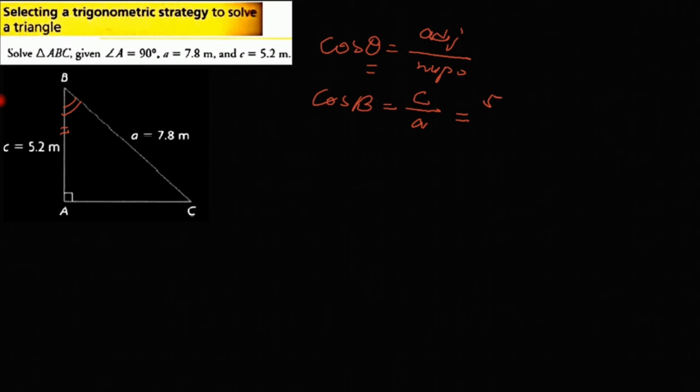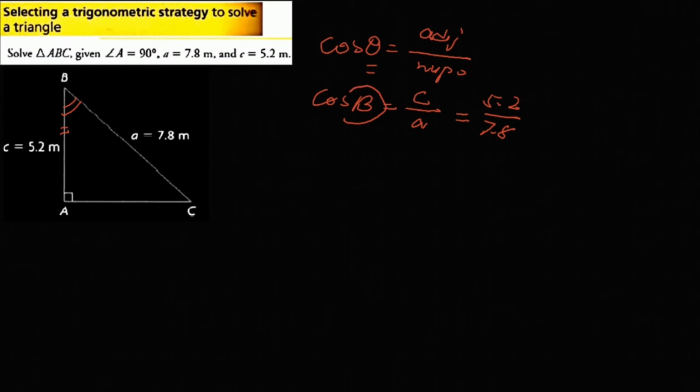We start from angle B. This is adjacent to angle B, and this is the hypotenuse. Cosine theta always equals adjacent over hypotenuse. So cosine B equals adjacent c over hypotenuse a, which equals 5.2 divided by 7.8.